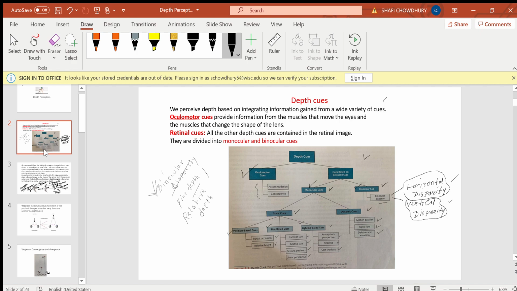So those are dynamic or motion cues: motion parallax, optic flow, and deletion and accretion. We already talked about motion parallax and optic flow.